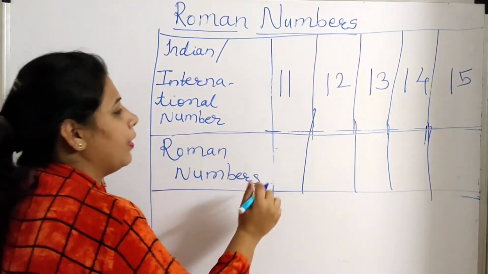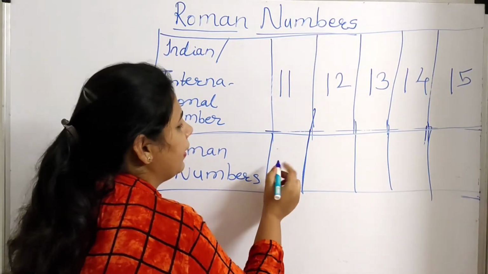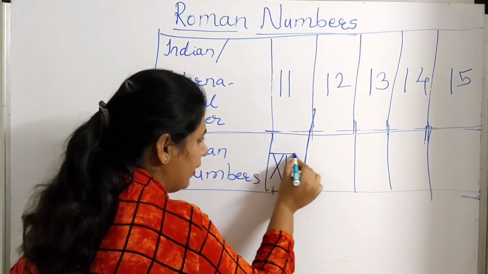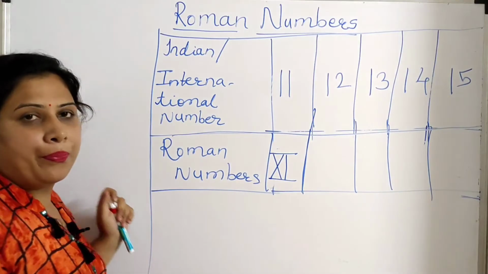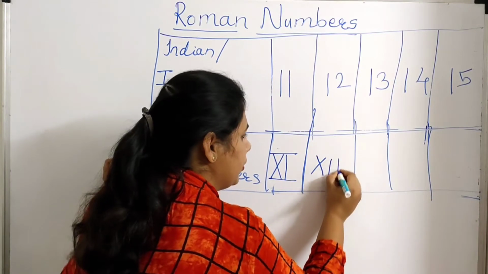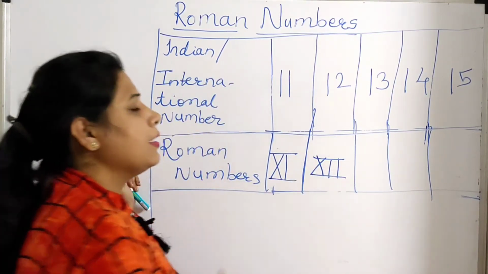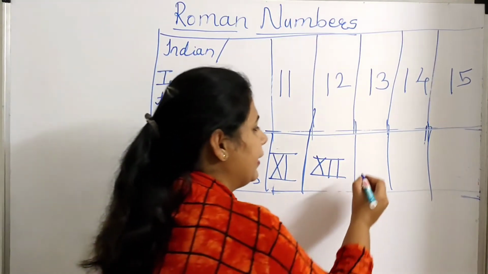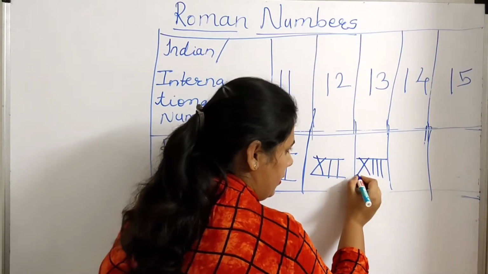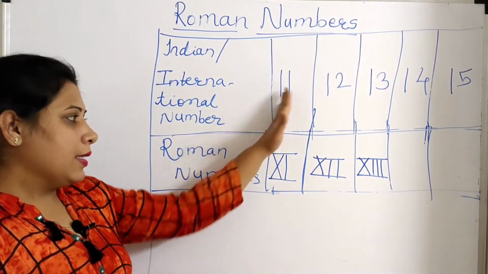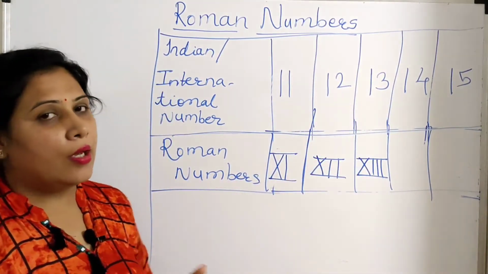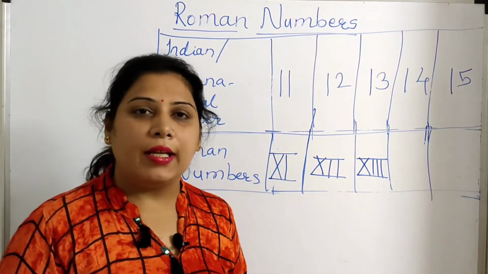For 11, as we know 10 can be written as X. So for 11 we will add one more in that and this is number 11. 12 again the same X and 2 standing lines over there. So this is number 12. For 13 again it is the same 10, and 1, 2 and 3 lines. This is number 13. This is 11, this is 12 and this is 13. For 14 we know that 4 is IV and for 10 it is X.